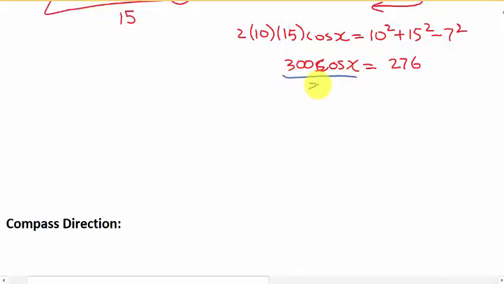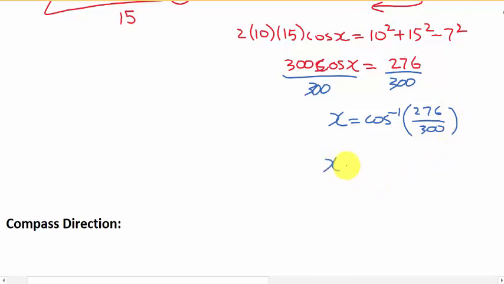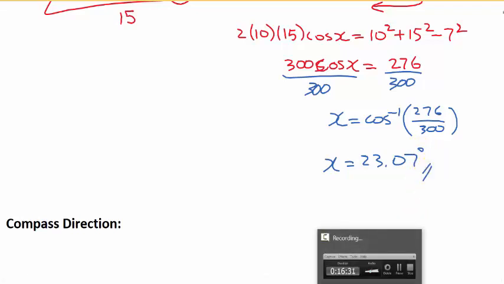Divide both sides by 300. And so x is equal to cos minus 1 of 276 over 300. And x should give you 23.07. Is that right? Yeah.